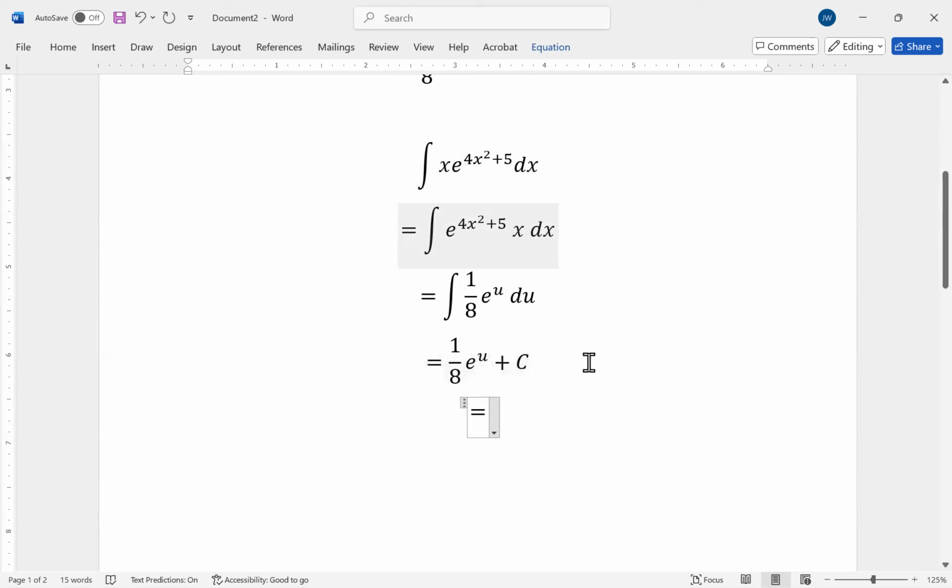Remember, u was 4x squared plus 5. So I get 1/8 times e to the power 4x squared plus 5, and then all plus c.